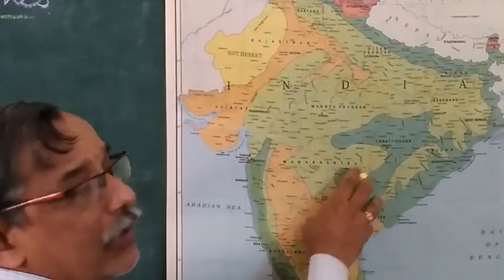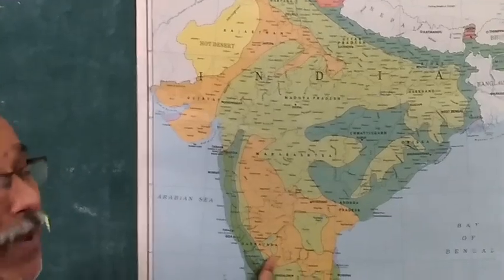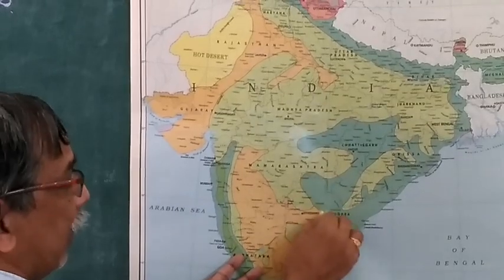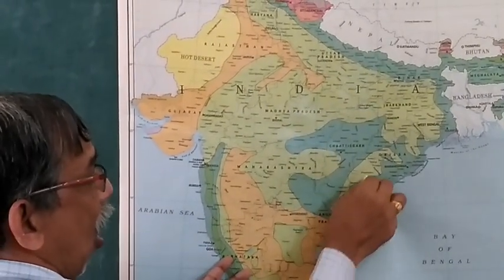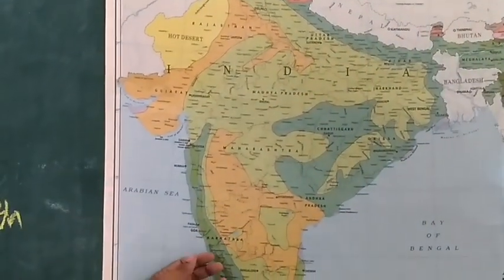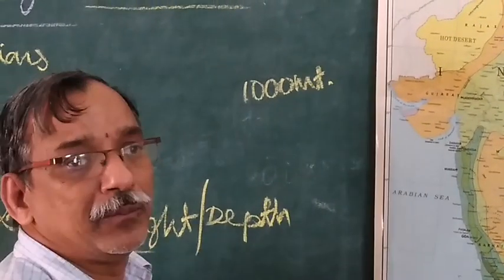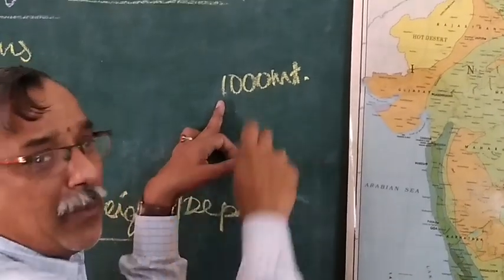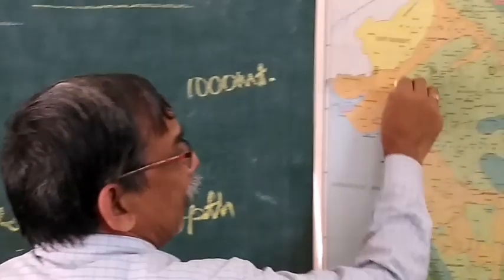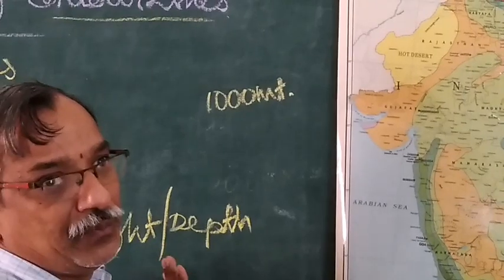Whatever areas this line is touching, all these areas have a similar height. For example, suppose 1000 meters of height is there in one place. If all the areas with 1000 meters of height are joined by a line like this, then that line is called a contour line.